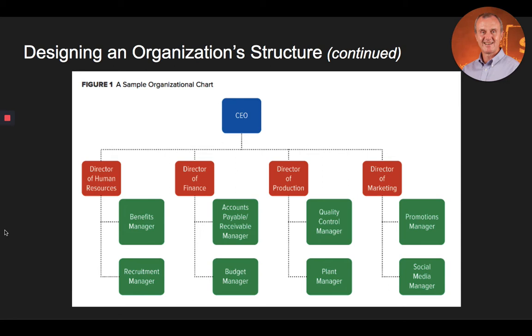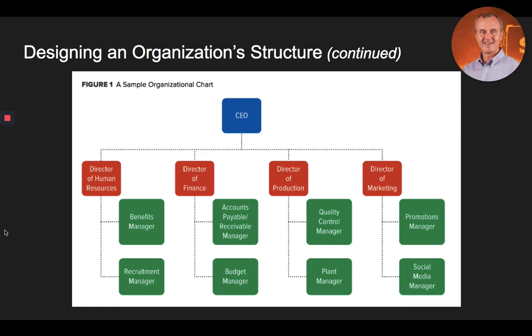So, in summary on designing an organization structure, the design of an organization structure is an important challenge undertaken by company management. An effective design incorporates formal reporting relationships, levels within the organization's hierarchy, and managers' span of control, as illustrated by a company's organizational chart.